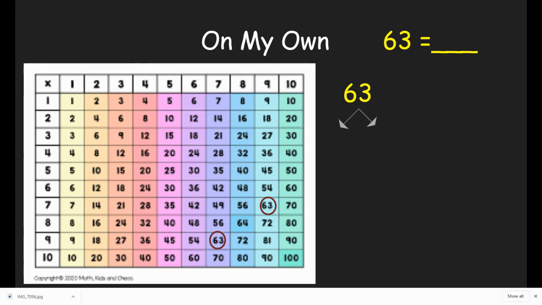To help you out, I put the multiplication chart on the screen. Take a look for yourself, and I pointed them out already, but I want you to tell me the 2 factors. So if you notice, there are 2 63s on the chart.